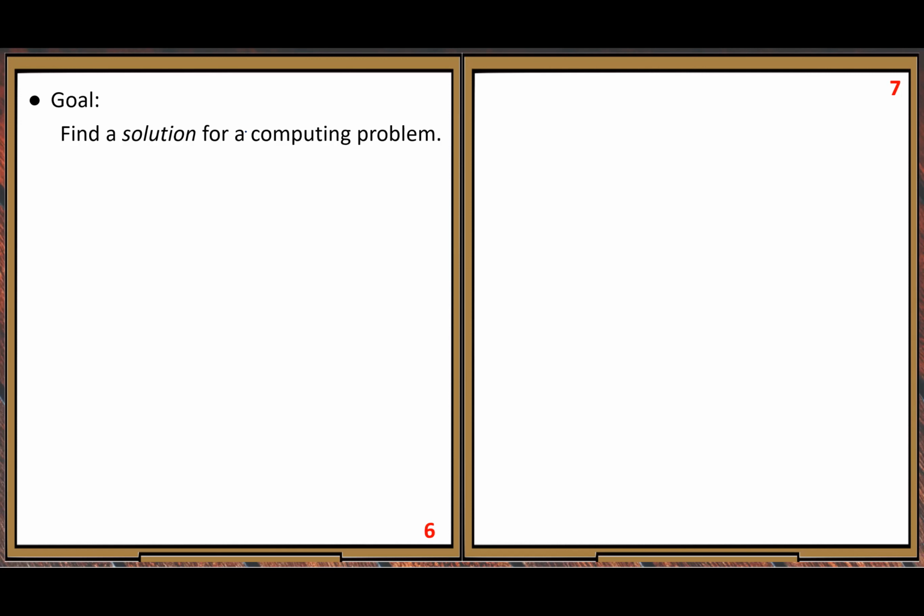You may ask me, what is a computing problem? For example, sorting: given an array, you need to sort this array in ascending order. That's a computing problem.